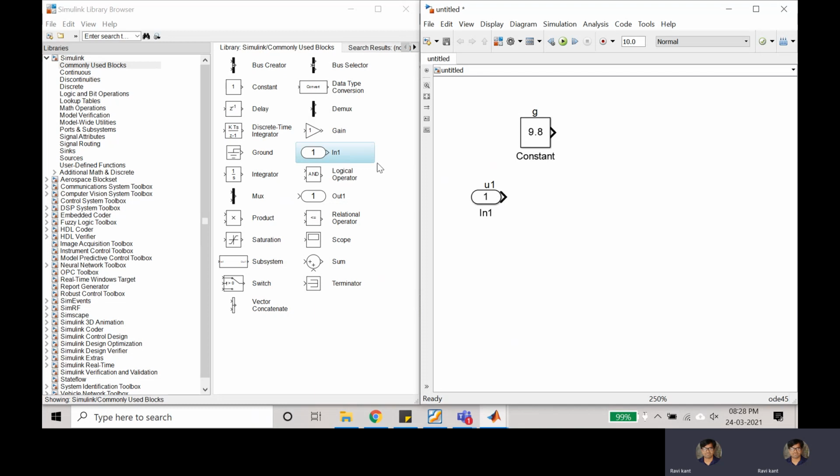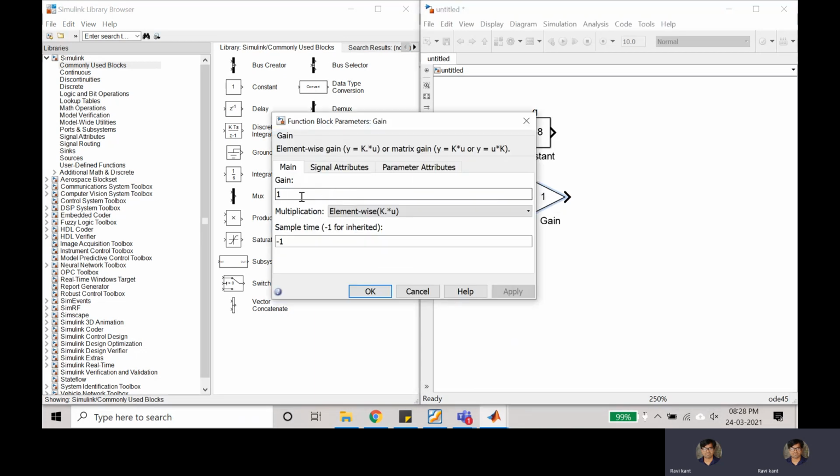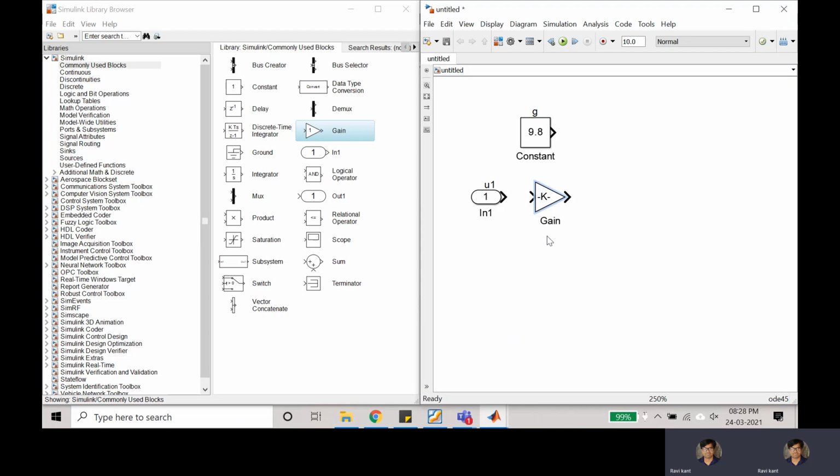This u1 is going to be multiplied with some gain. Okay, so this is my gain. I'm going to drag and drop it over here. In this gain I'm going to write 1 upon m. So what is my mass? 1 upon 2. Mass was 2. Apply. I'm going to write this gain as 1 divided by m. Right?